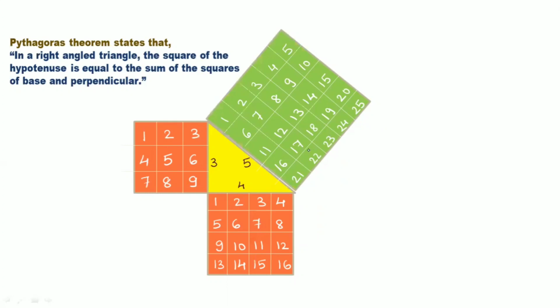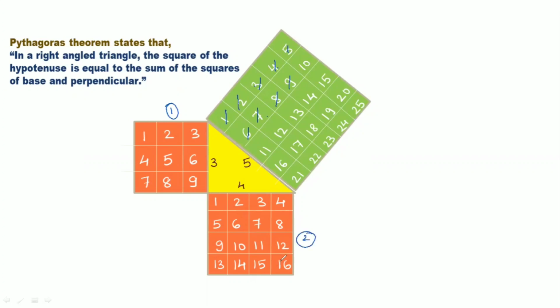Now students, if we sum up these two areas, it is 9 square units. If we fit these 9 square units over here, like 1, 2, 3, 4, 5, 6, 7, 8, 9, these 9 square units are covered by the first square. The remaining square units will be covered by the second square.